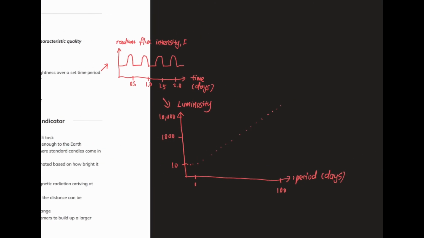So all the dots here are different. I label it here: different variable star, which means the star that has changed in brightness through a particular period.